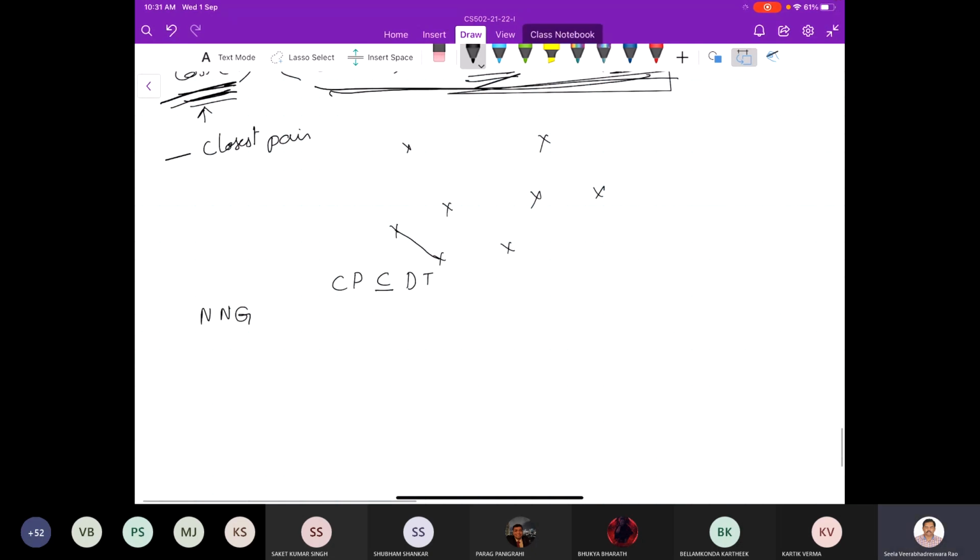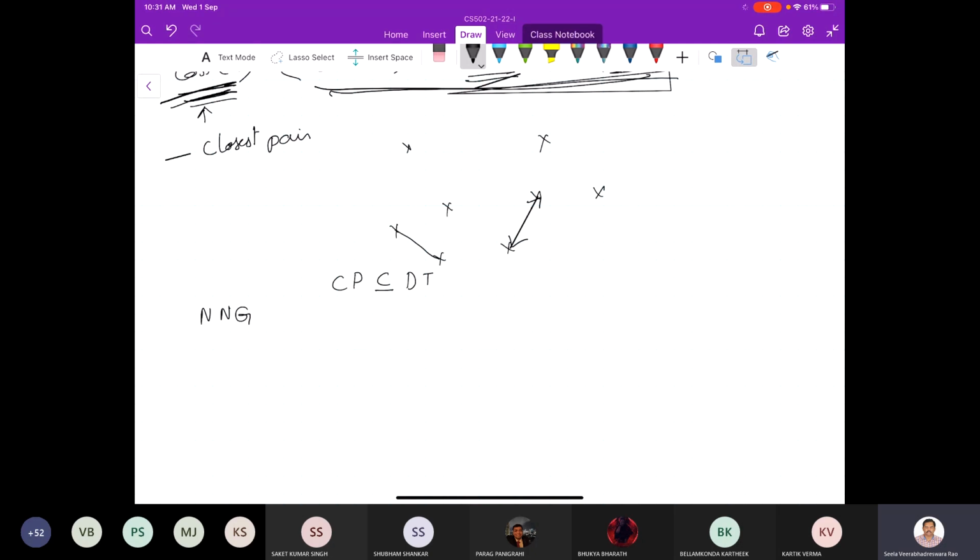The nearest neighborhood graph is, for each vertex, you join it to its closest neighbor. For this vertex, the closest neighbor, in this case both are the same.